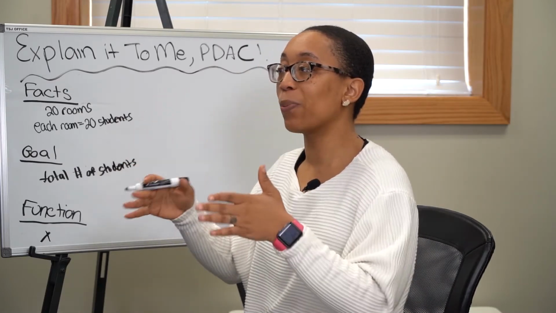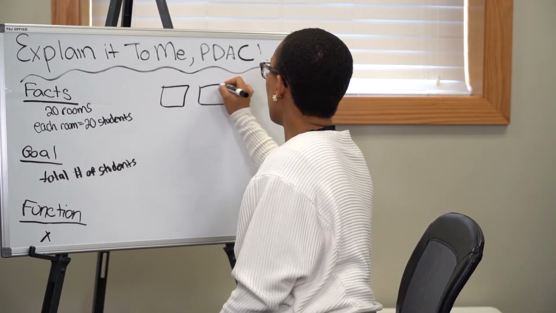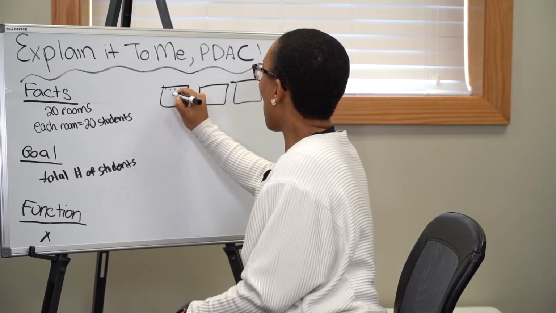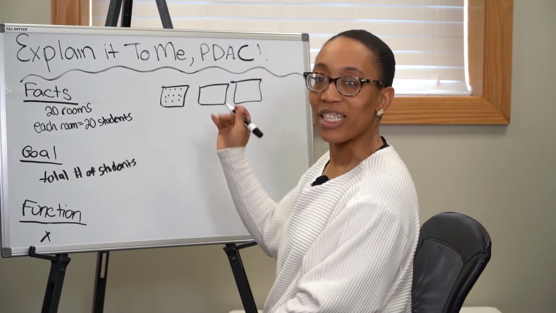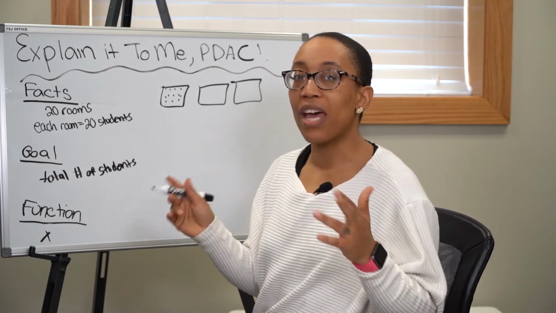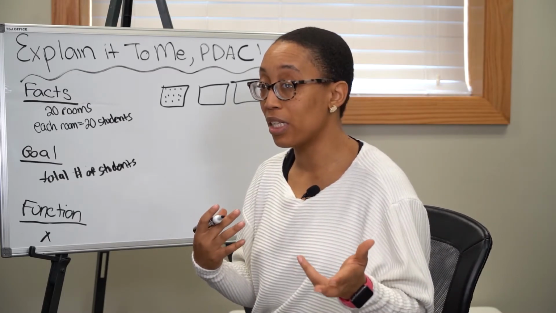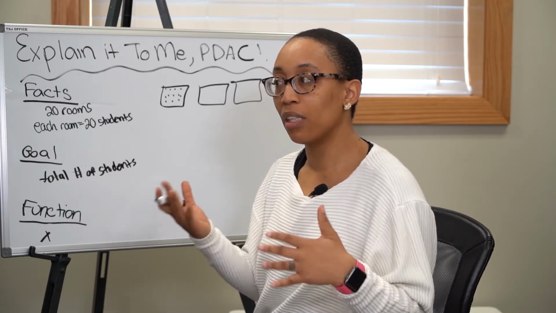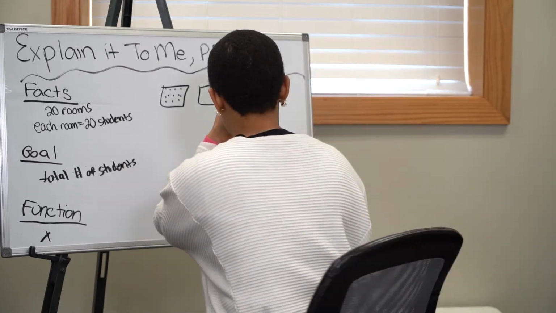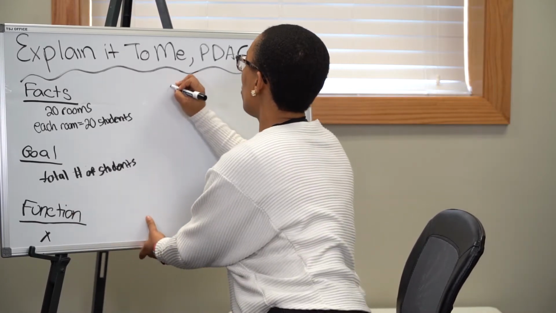You could draw 20 boxes to signify the rooms, and then 20 dots in every single one and then add all the dots. That is a way to do it if you want to attempt doing this with addition. However, multiplication is just a faster addition. So that's why it's multiplication. 20 times 20 is what we need to do.